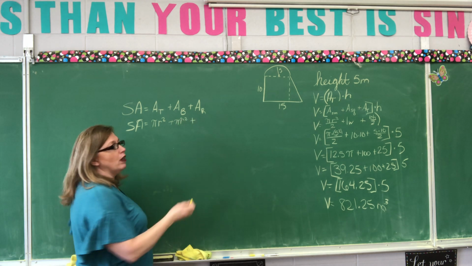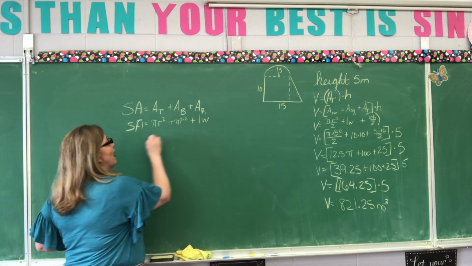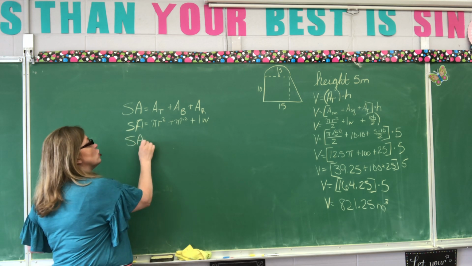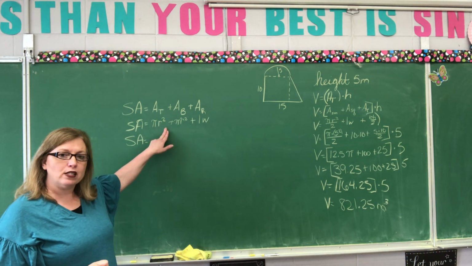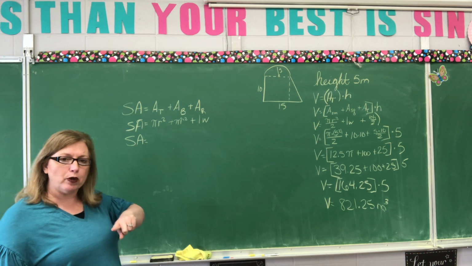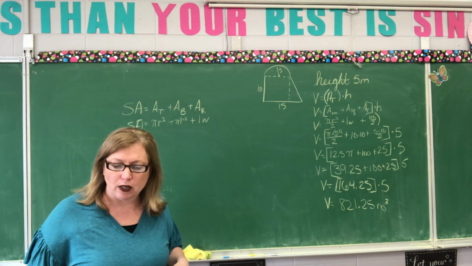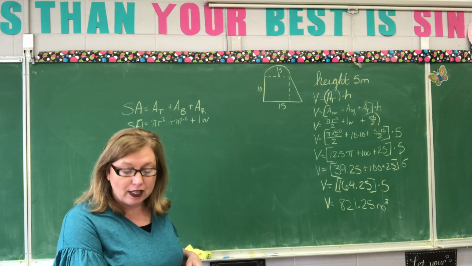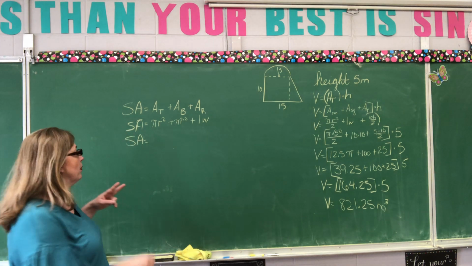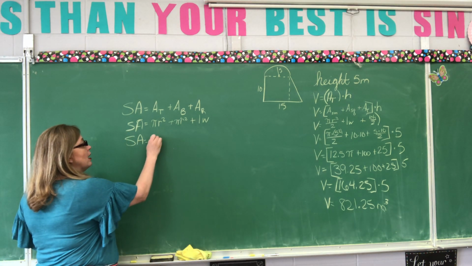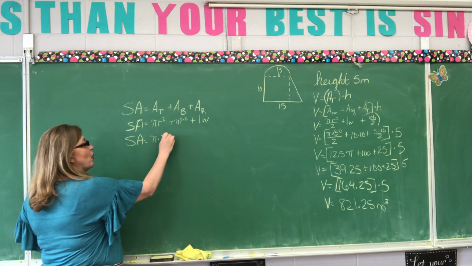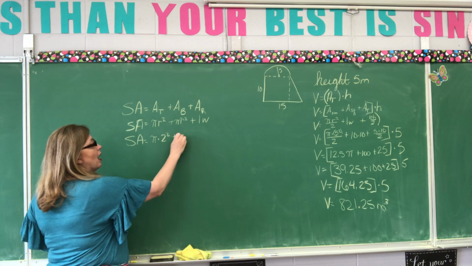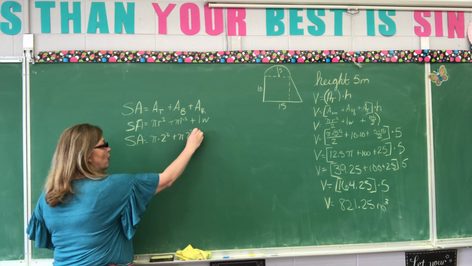And the area of a rectangle is length times width. Knowing that this is radius squared, I have to go back to my story problem and ask, what's the radius? Well, the radius of this is only 2, okay? So we have pi times 2 squared plus pi times 2 squared.